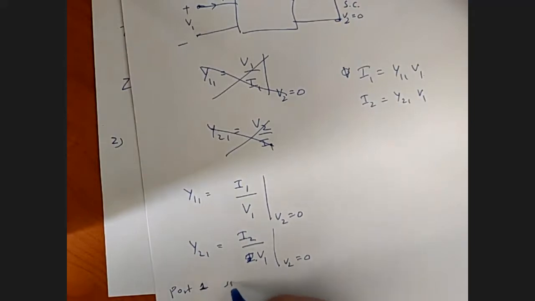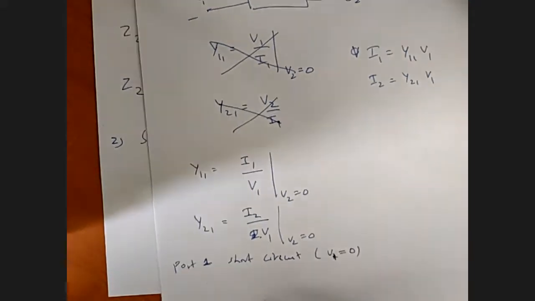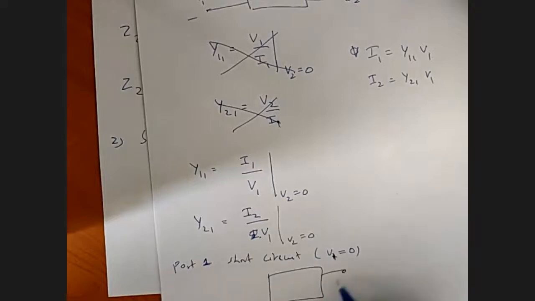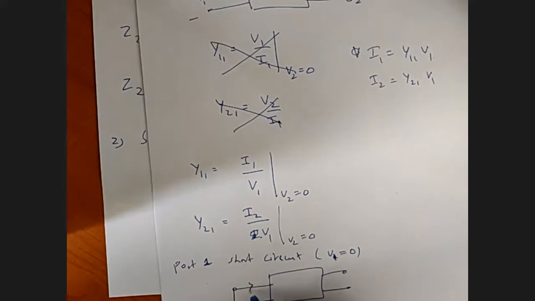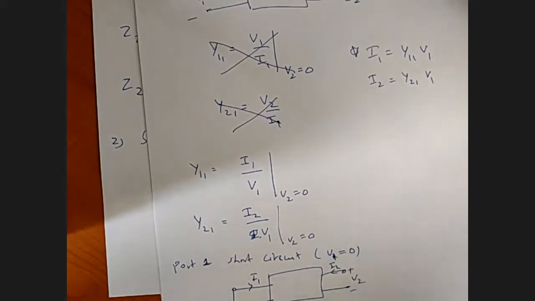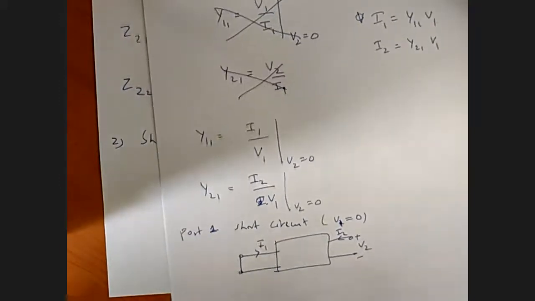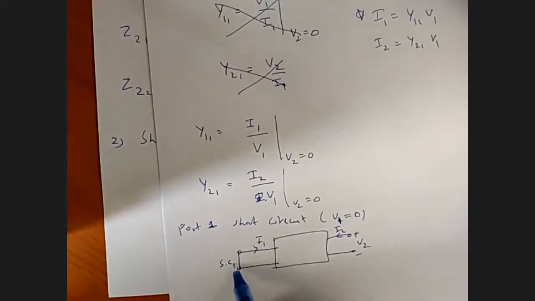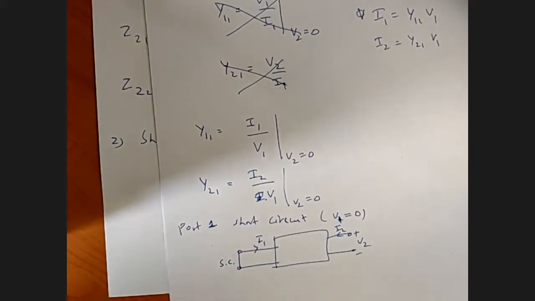port 1 short circuit, V1 will become 0. That means I make port 1 as short circuit.